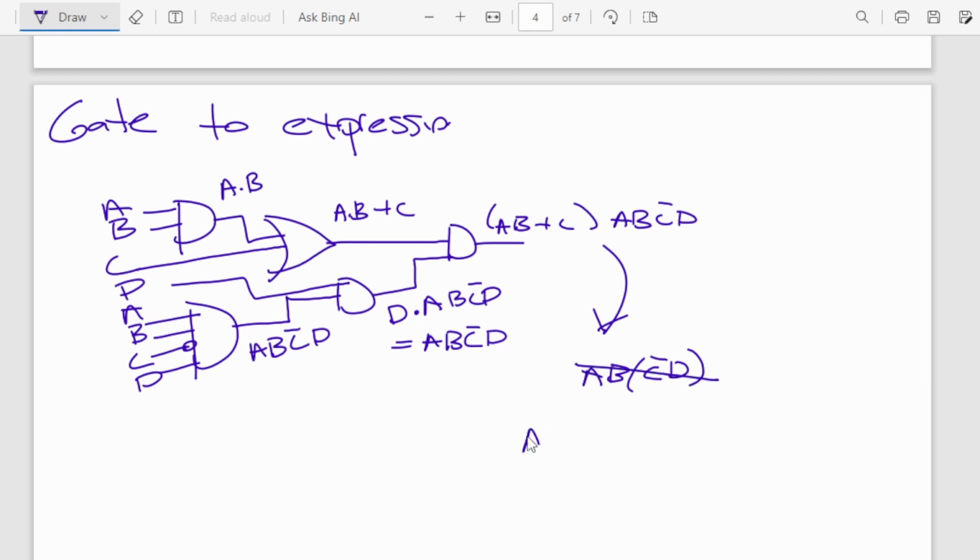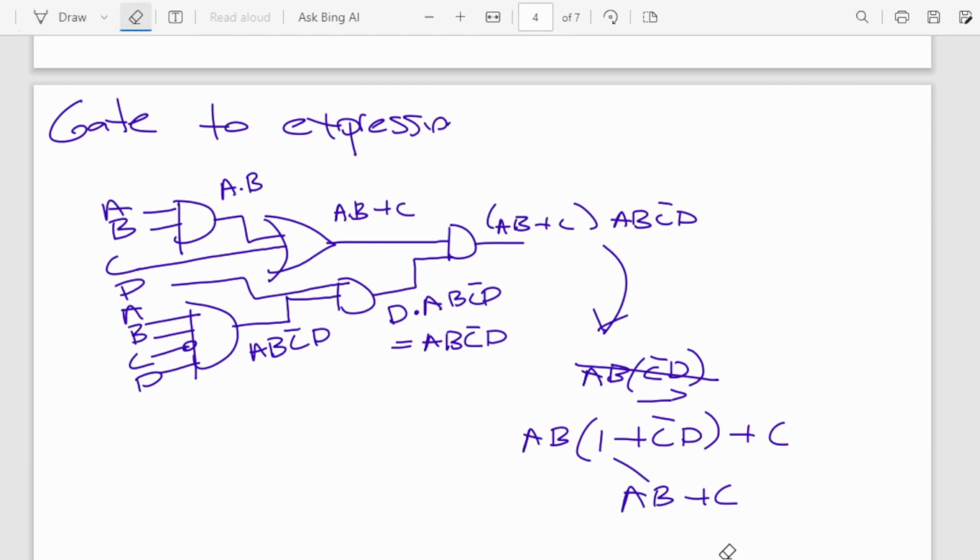If we do AB on the outside, we're going to have 1 plus C bar D plus C. 1 plus anything is the same as ORing 1 with anything else, it will go to 1. So we end up with AB plus C. That's the simplified result for this expression up here.